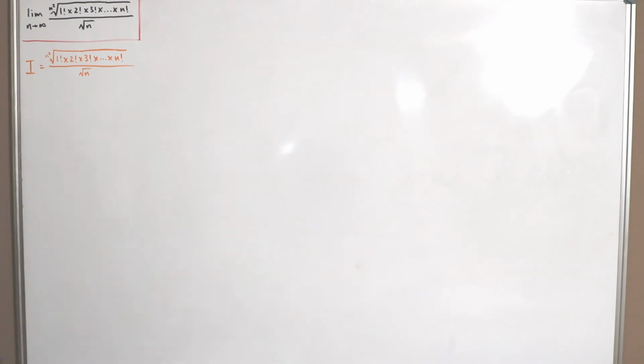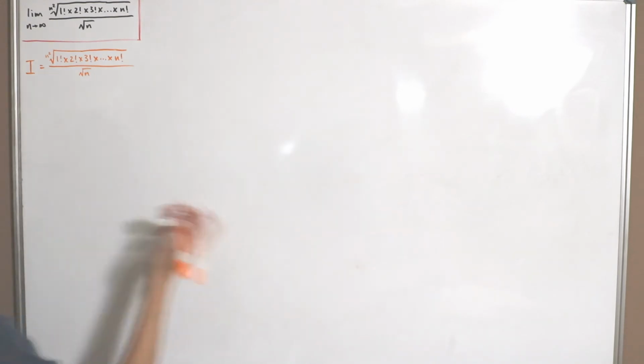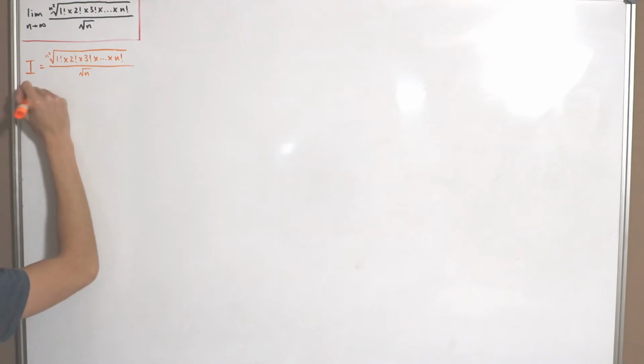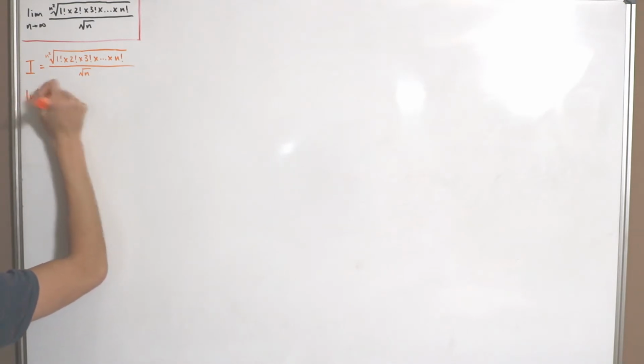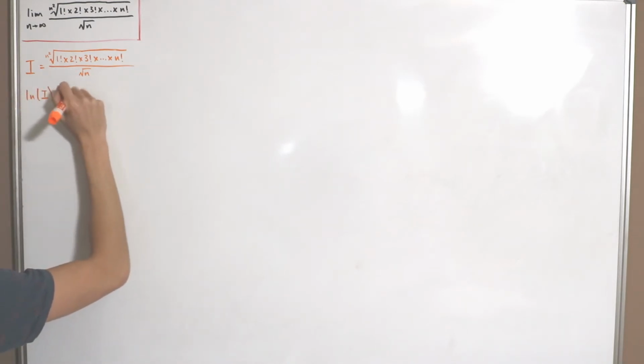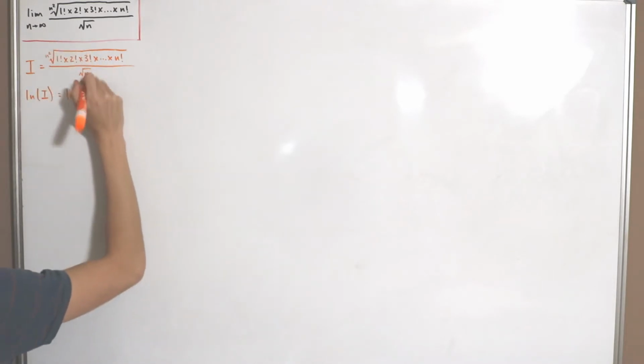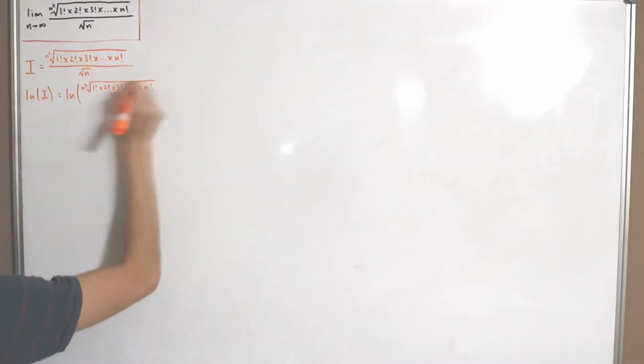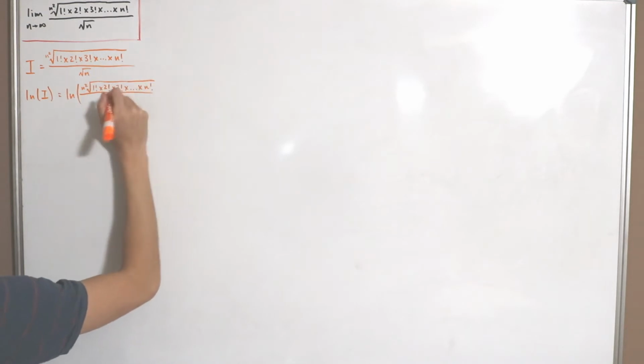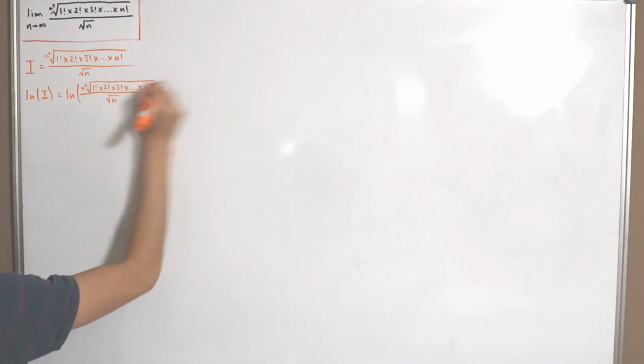Let's take the natural log of both sides so that we get ln of I is equal to the natural log of the same thing above.